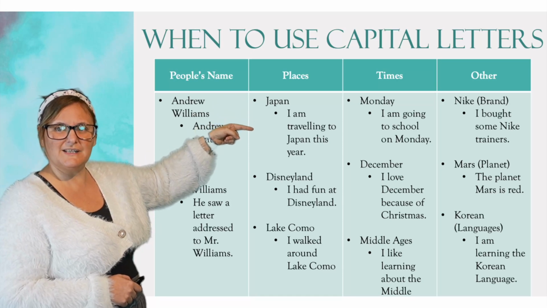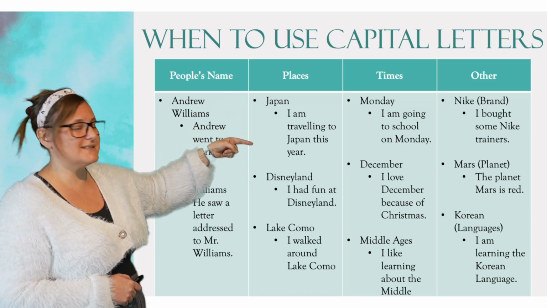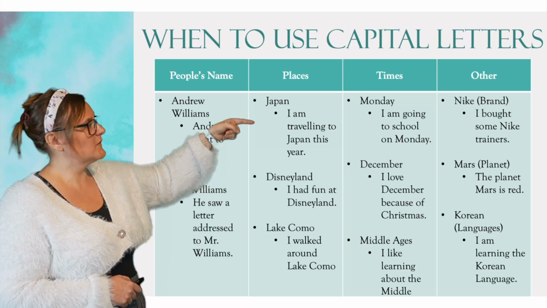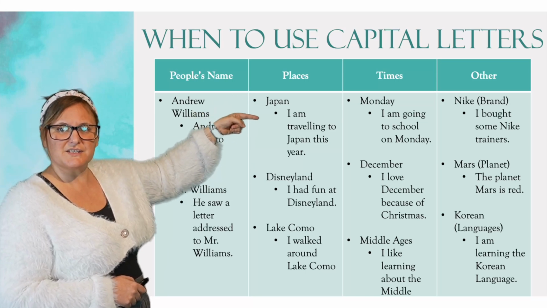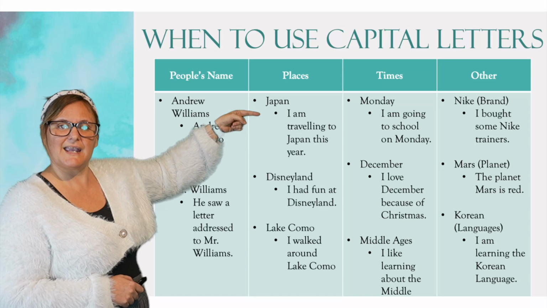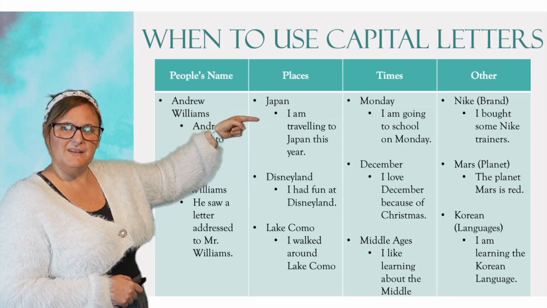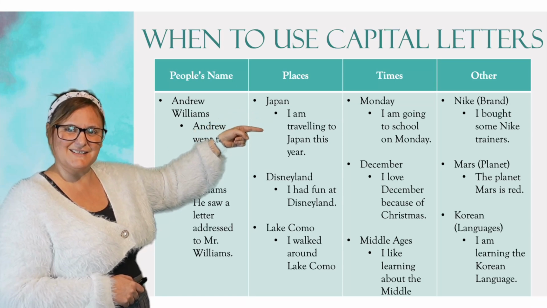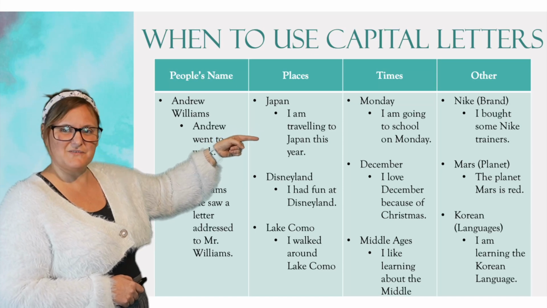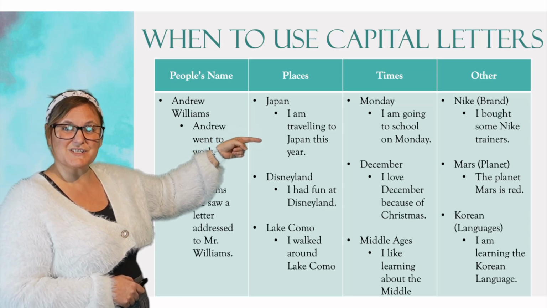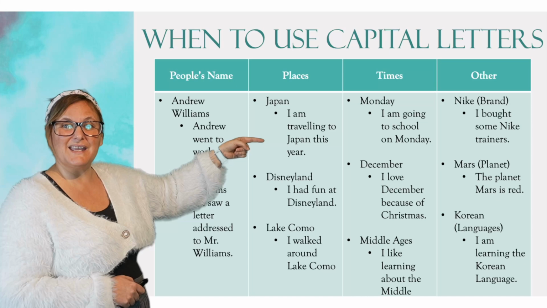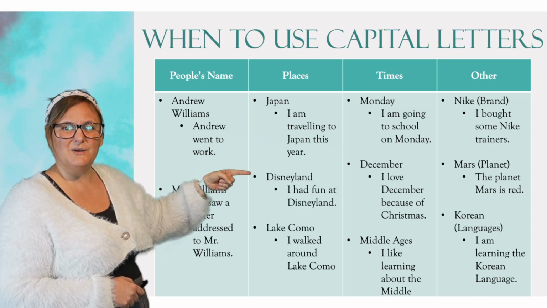I am travelling to Japan this year. So I started with a capital letter, then I have lowercase letters, and then I have Japan, which starts with a capital letter. Then we have Disneyland.